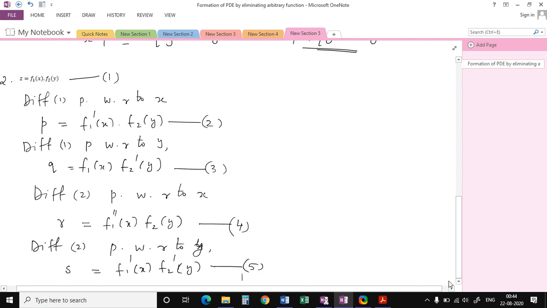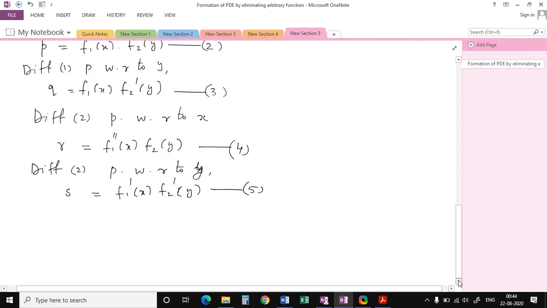So now we can obtain one more second order partial derivative, that is ∂²z/∂y². For that we will differentiate equation number 3 partially with respect to y.